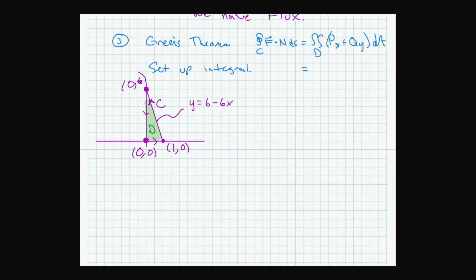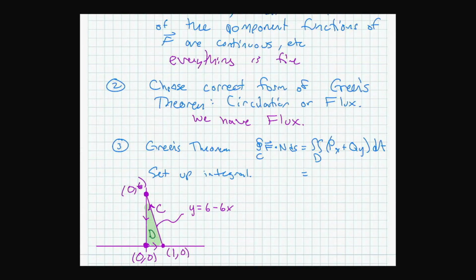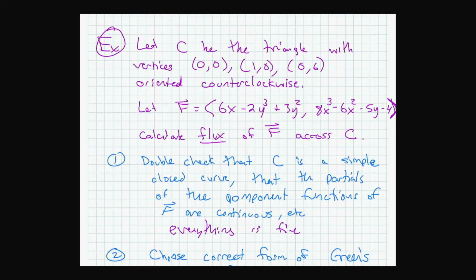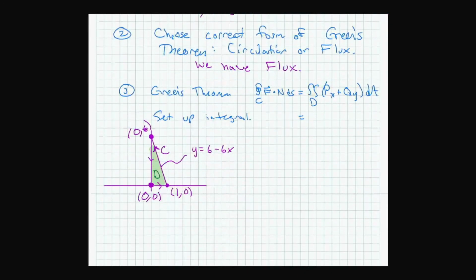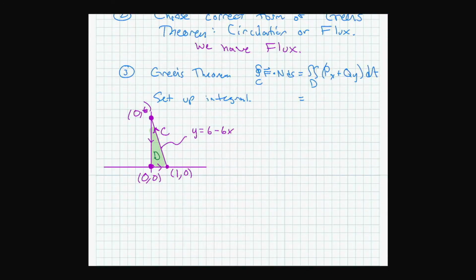Now, having done that, what's the P, what's the Q, and so on. So P, remember, is the first component here. So P is 6x minus 2y cubed plus 3y squared. And we need Px for that.